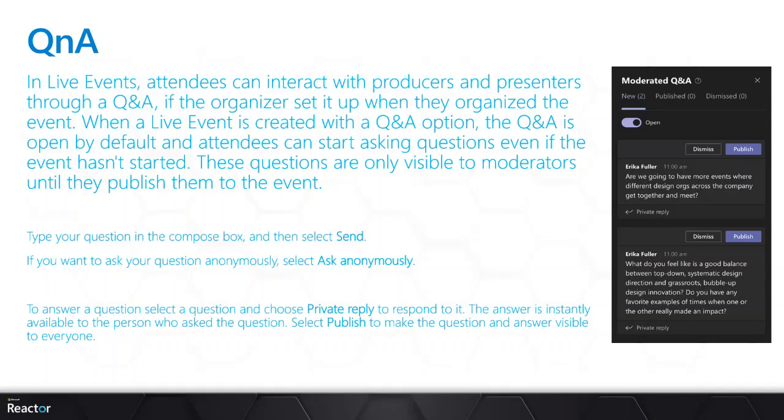You can either choose to reply directly to that person in a private reply, which is only between the attendee and that producer, or you can publish it, and that effectively makes it public to the whole event. If it's a question that you're going to talk about, you can publish it, and then anyone else that maybe had that same question can see the question and the answer detailed in the Q&A.